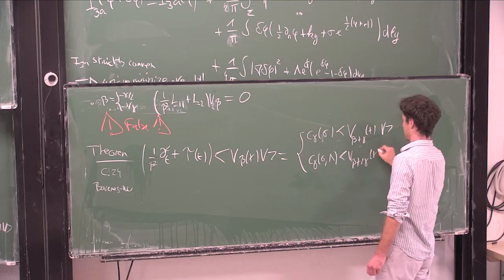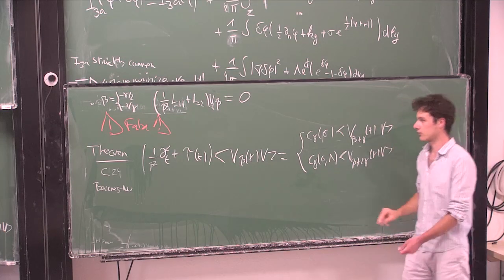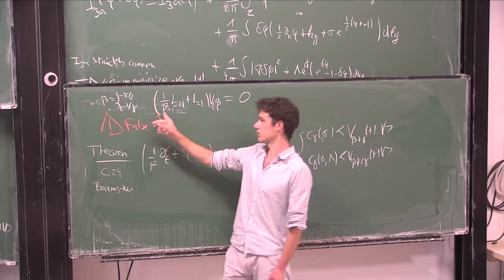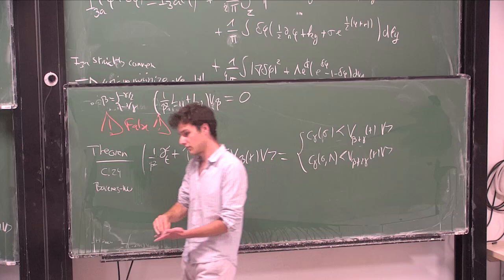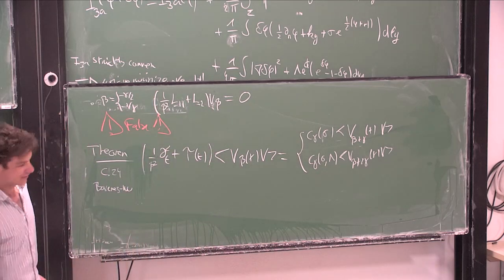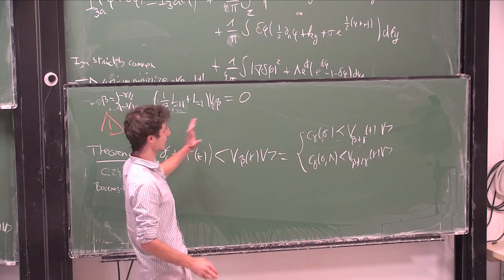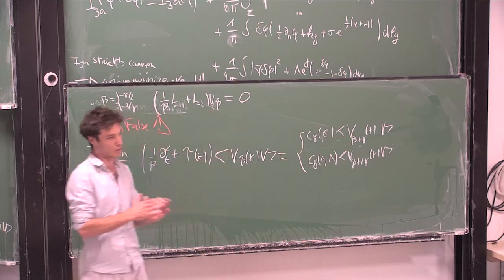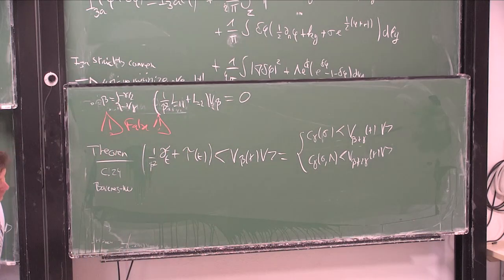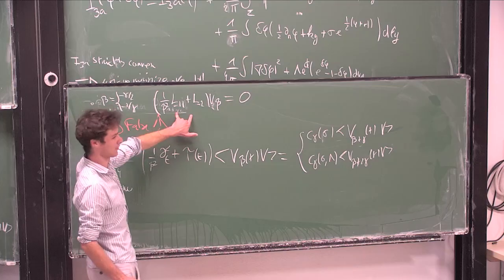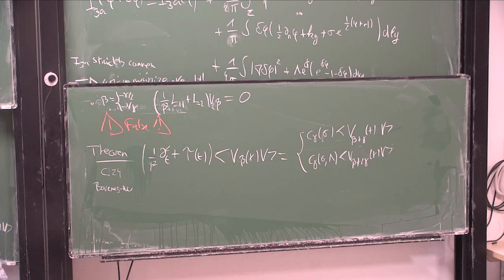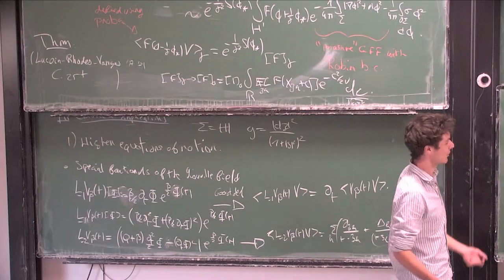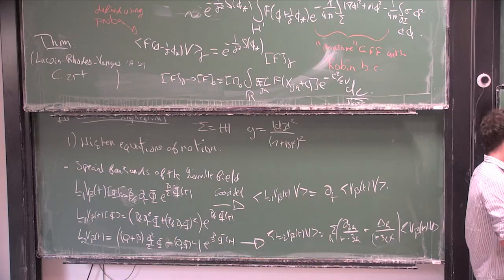So basically what this tells you is that this combination is a singular vector, but it's not a null vector. So if you think in terms of highest weight modules, this means that your module is not irreducible. It has a proper submodule, which is the image of this singular vector. Which is a nice feature, I think, because usually the modules that you consider are irreducible. And this provides an example where the modules are not irreducible.